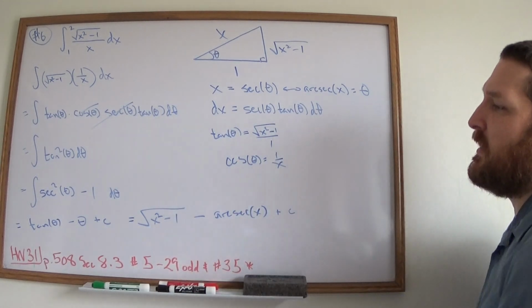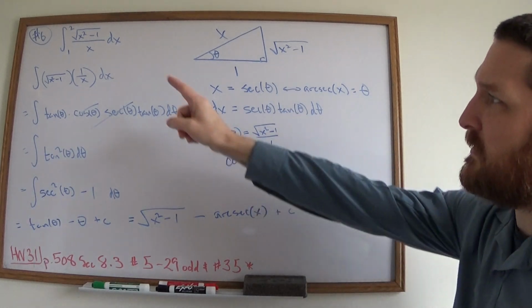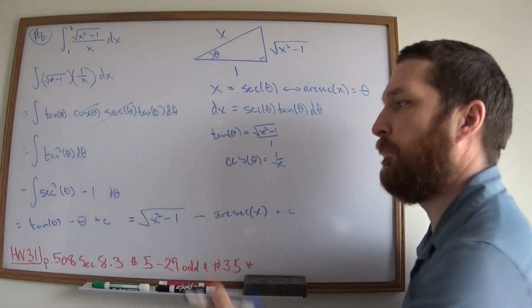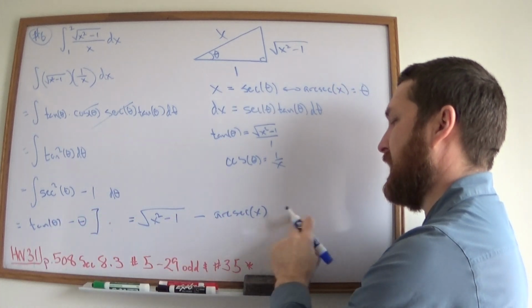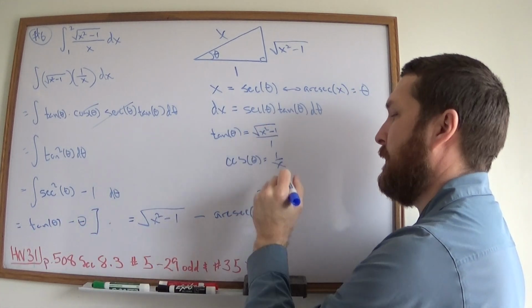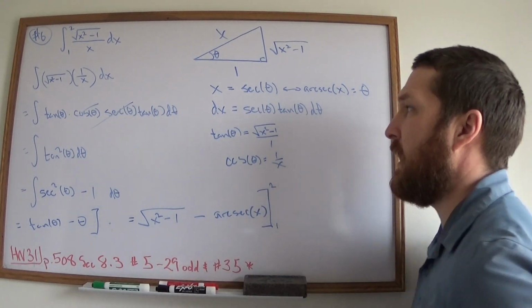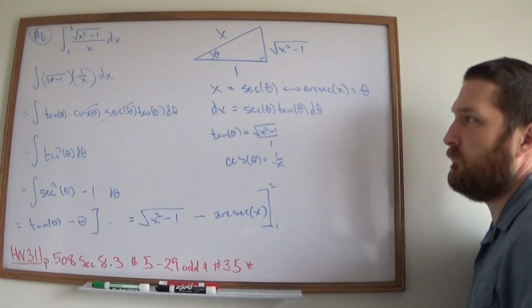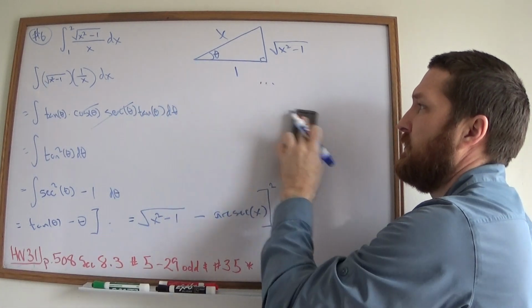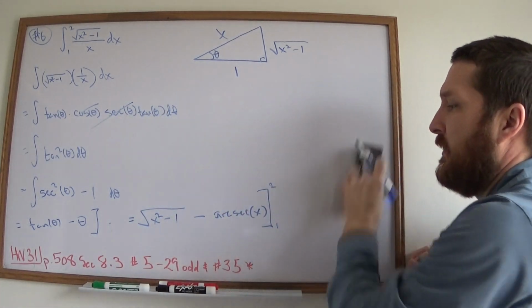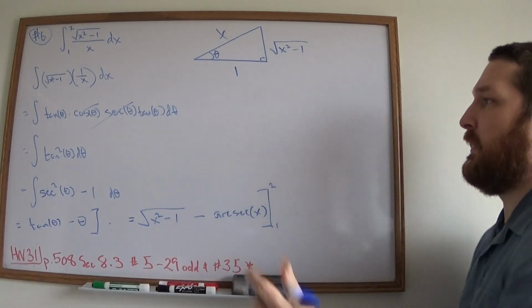And actually this plus a constant we don't really care about because it's a definite integral, right? So we're going to evaluate this up at 2 and down at 1. I'm going to get rid of most of this stuff here to do that. All right, here we go.